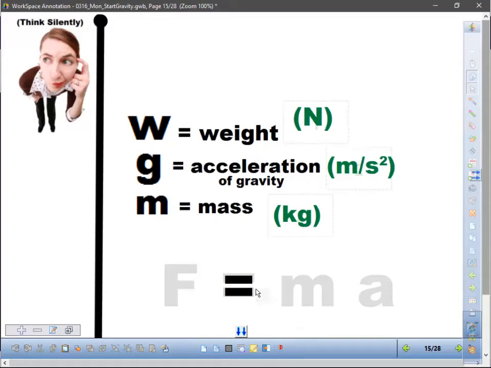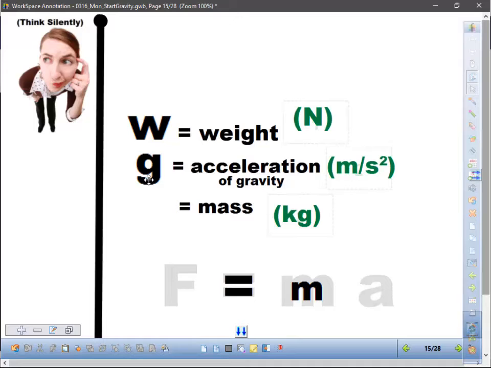Okay, let's start with m. Which of these three variables goes with the m? Well, obviously, it's the mass, right? Mass goes right there because it's still mass, kilograms. All right, now there's force and acceleration. So we look at these two and figure out where they go. Let's do acceleration.